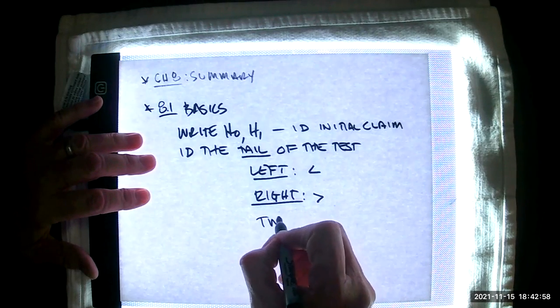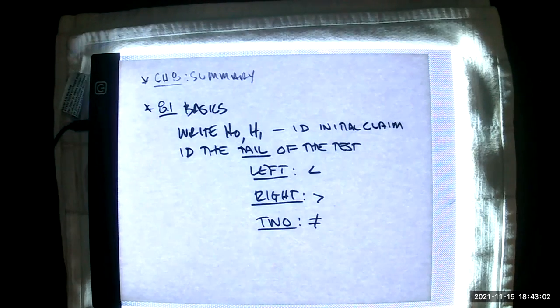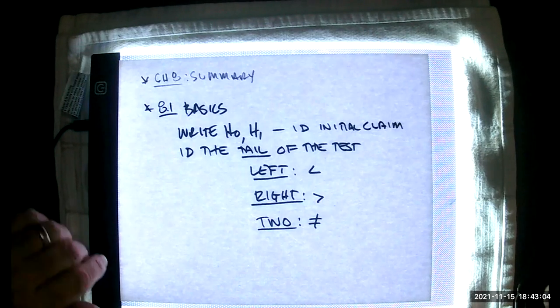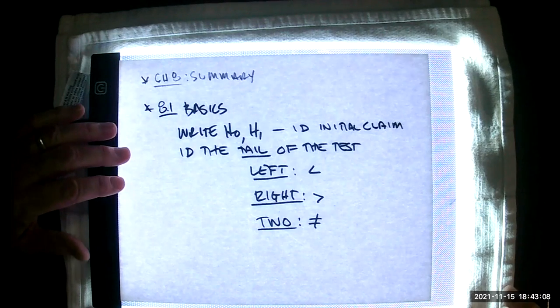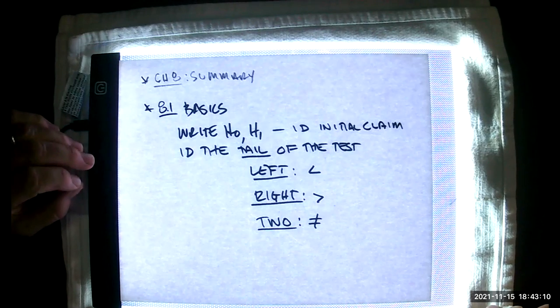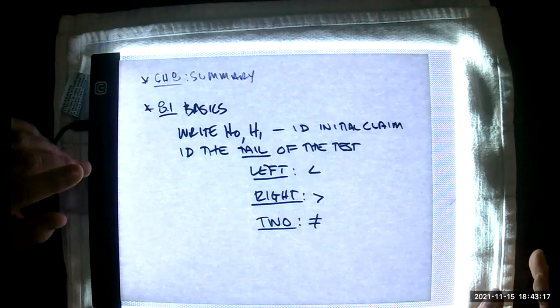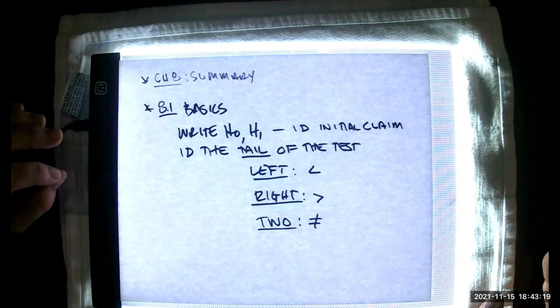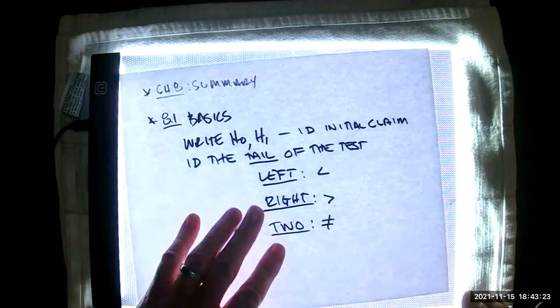It might be a two tail, and that's when the alternative hypothesis is written with the not equal. So you should be able to deal with that. And that really truly is mostly vocabulary and the language.